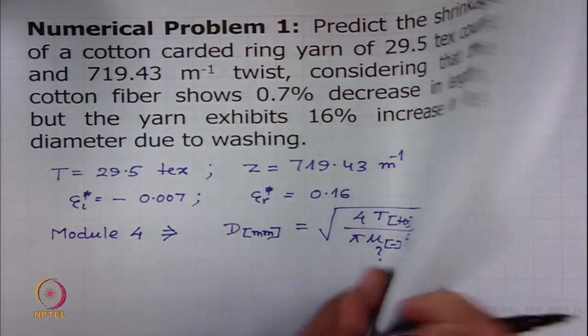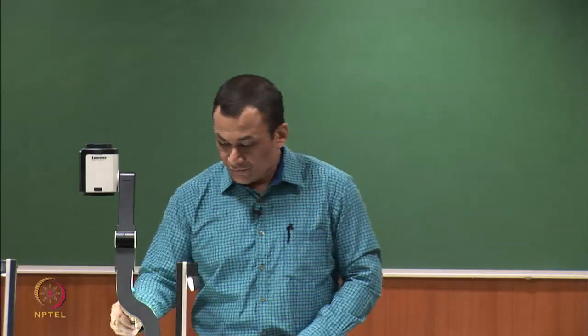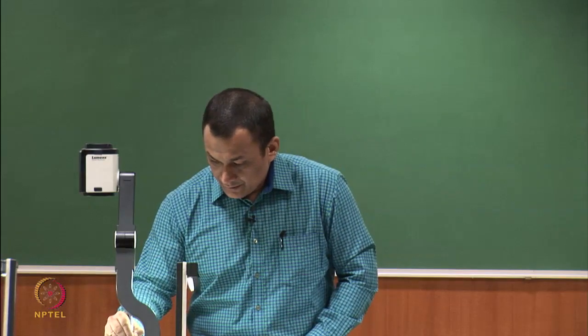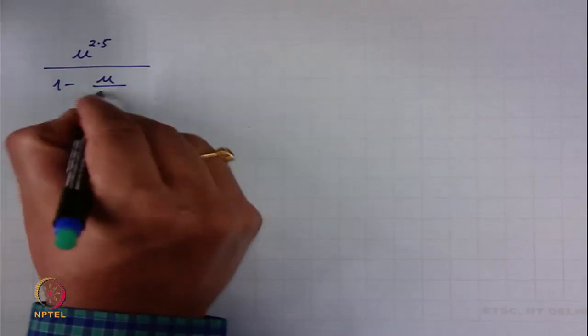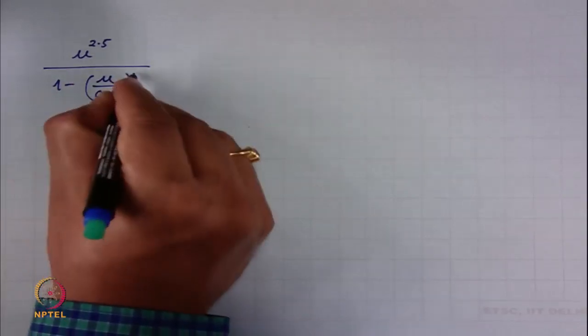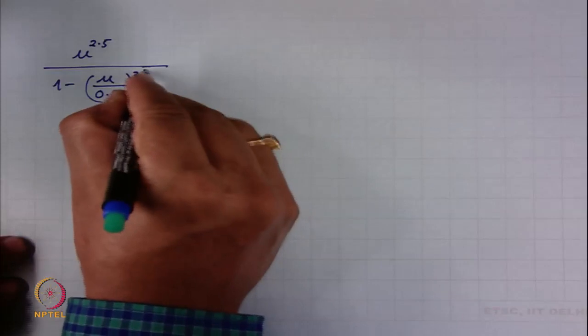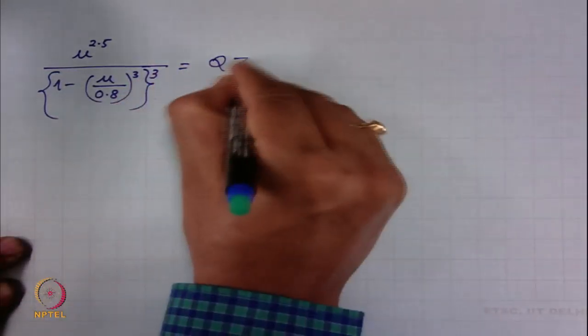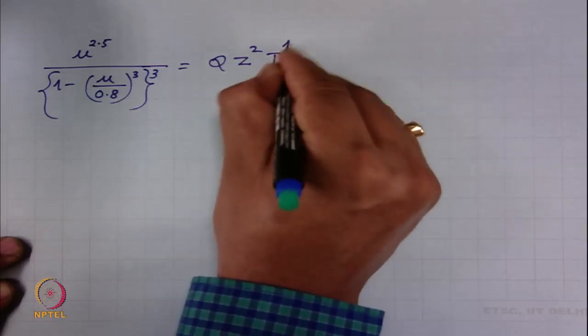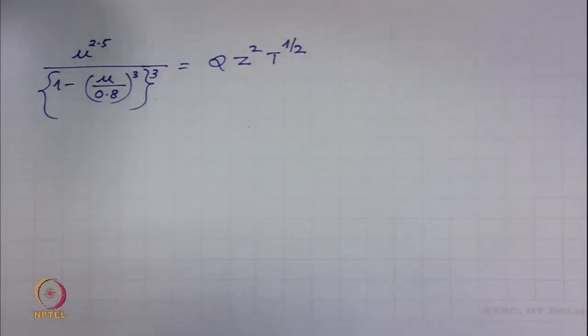Which formulas? If you remember this equation, Z square T half, this equation we derived in module 4.